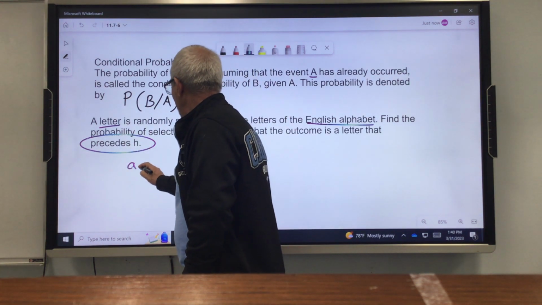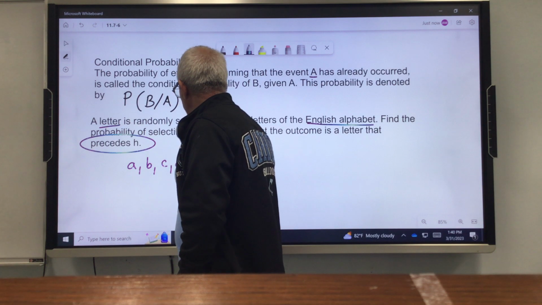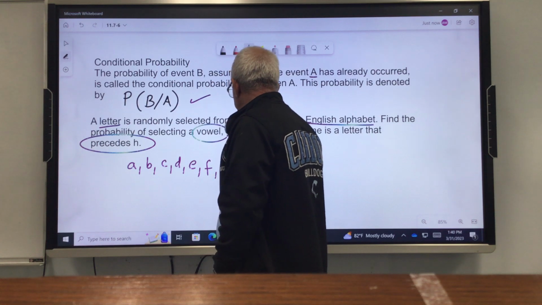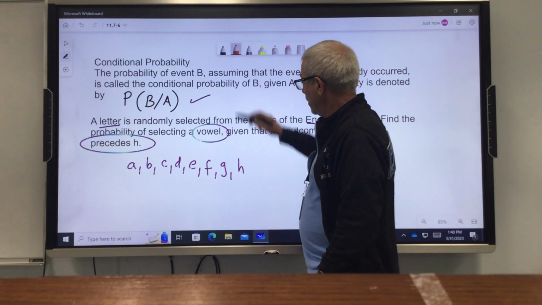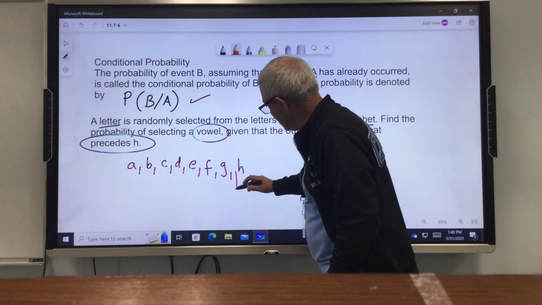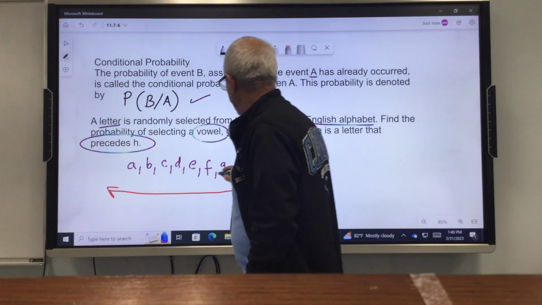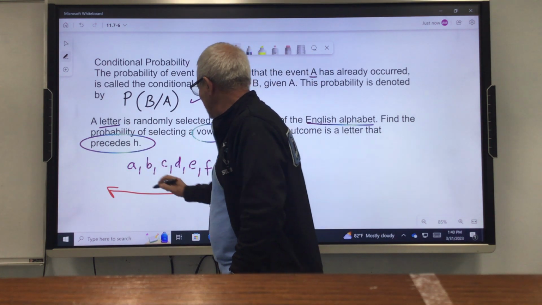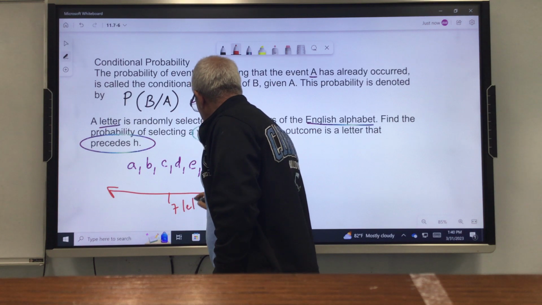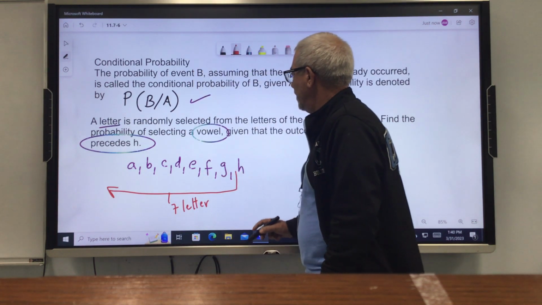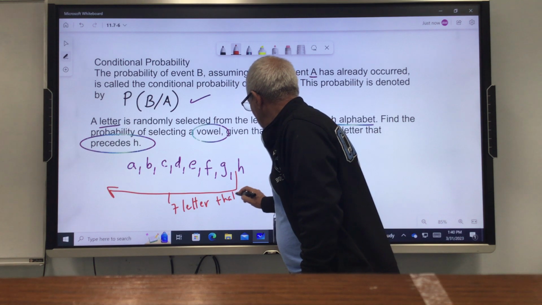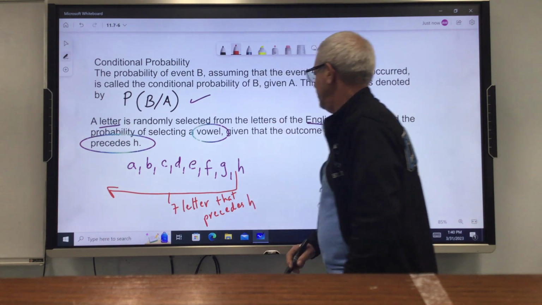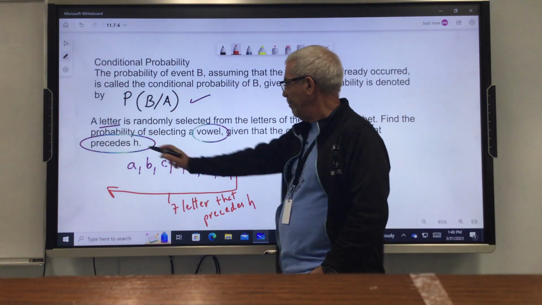A, B, C, D, E, F, G, and H. Before H we have these letters: 1, 2, 3, 4, 5, 6, and 7. Then we have 7 letters that precede H.